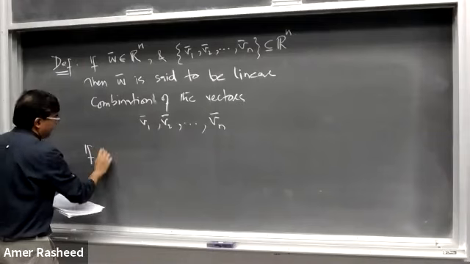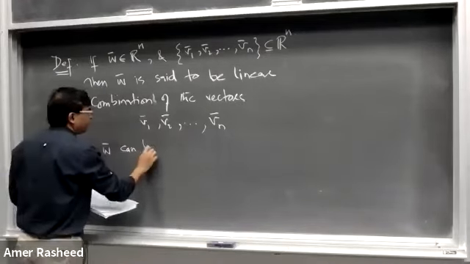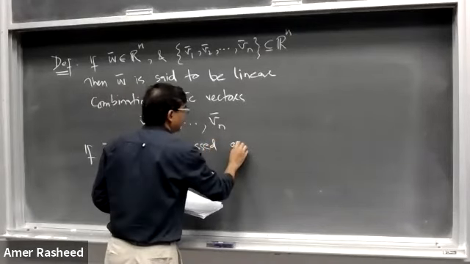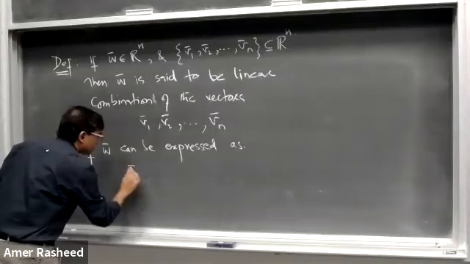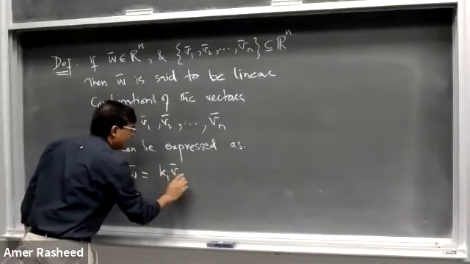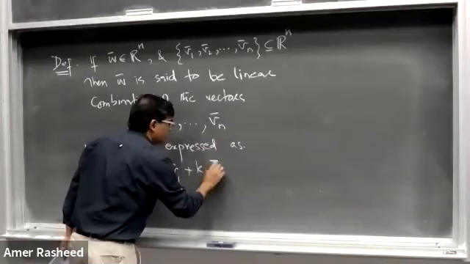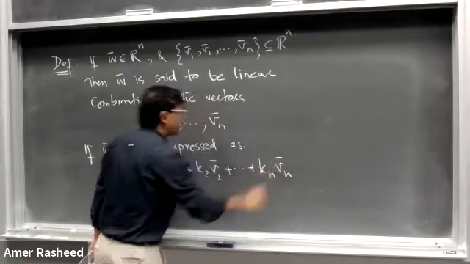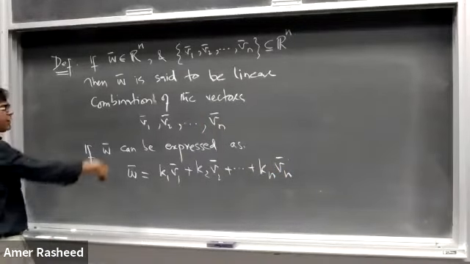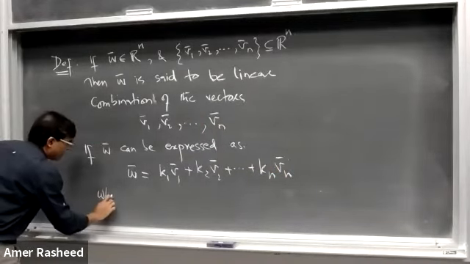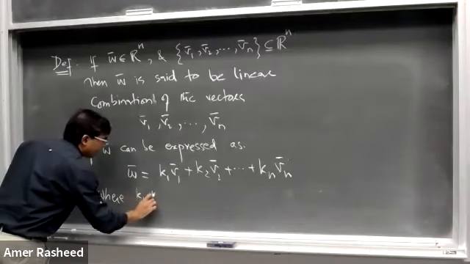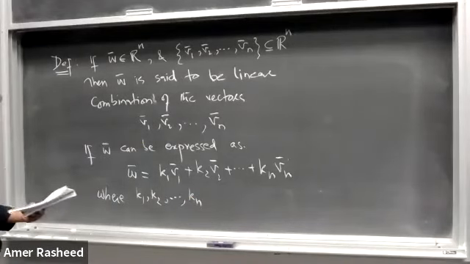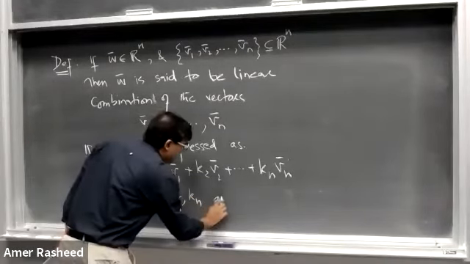If W can be expressed as W is equal to K1 V1 plus K2 V2 plus so on plus Kn Vn, where K1, K2, so on Kn are real constants, or you can say these are scalars.